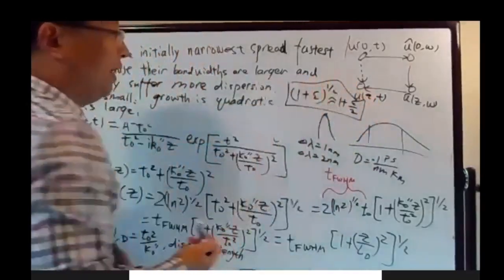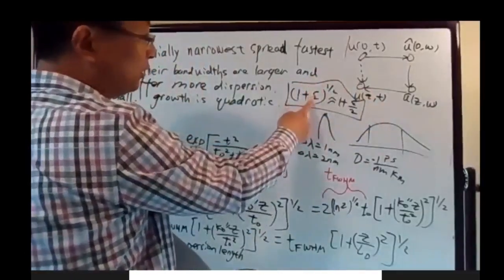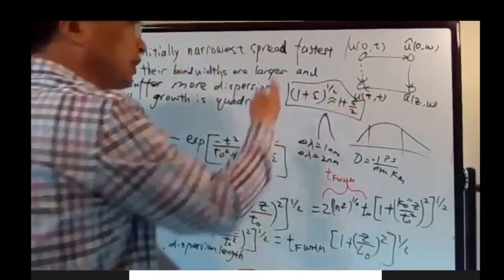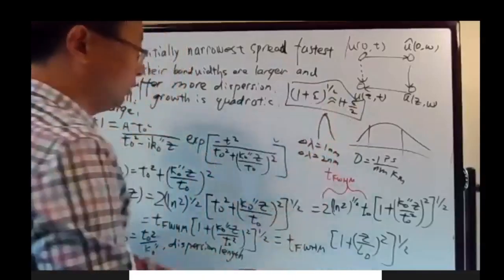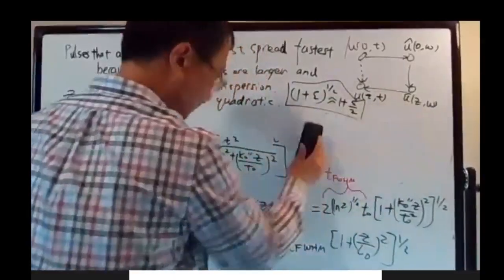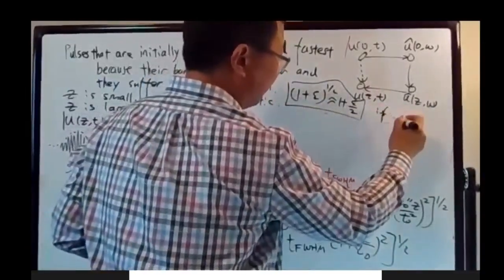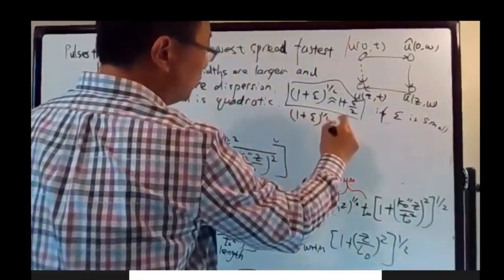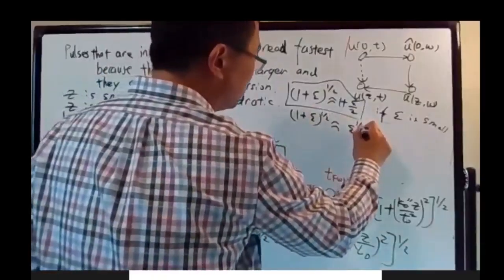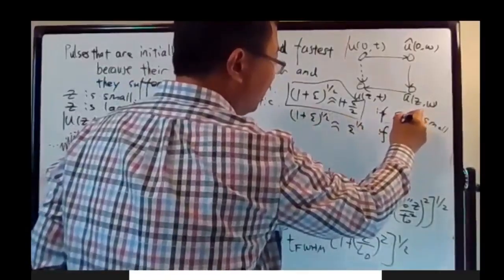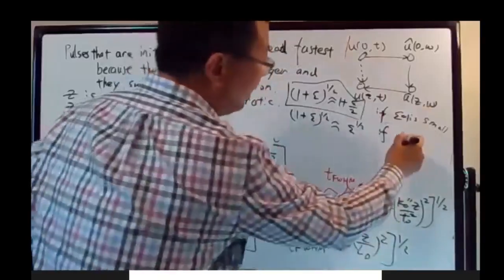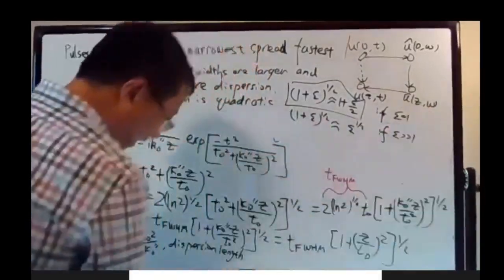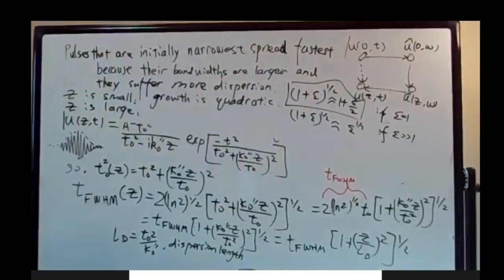If epsilon is much less than 1, then the square root of 1 plus epsilon equals approximately 1 plus epsilon over 2.